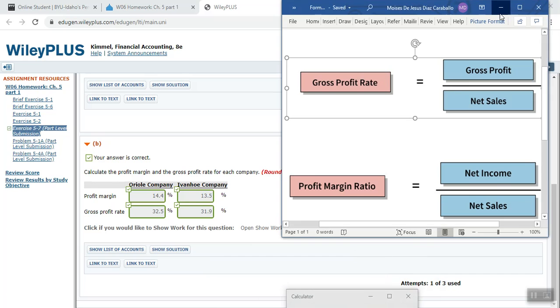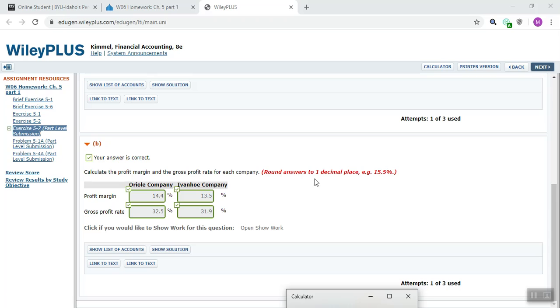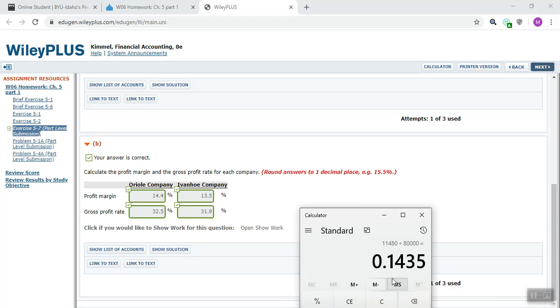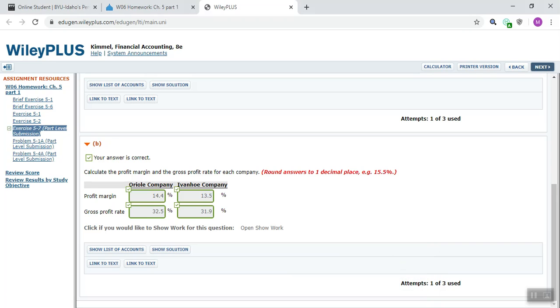Remember that the instructions tell you to round the answer to one decimal place, and that's exactly what we did here. The next decimal point is 5, so that turns the 3 into a 4. That's why you get 14.4.